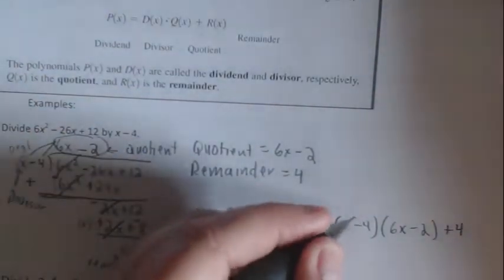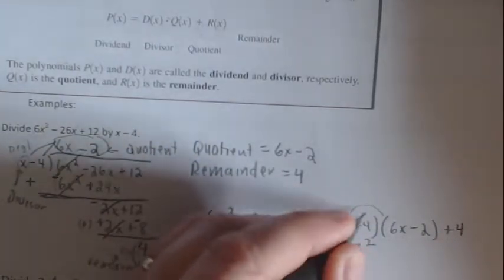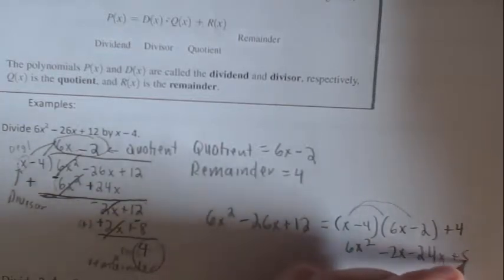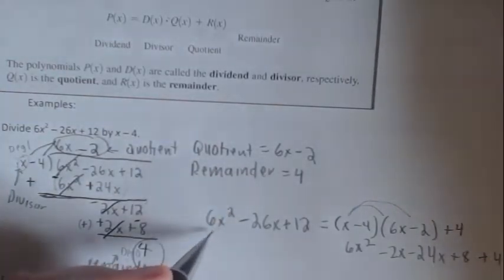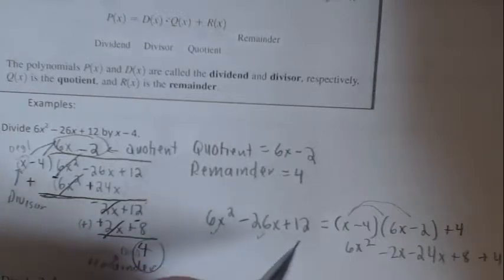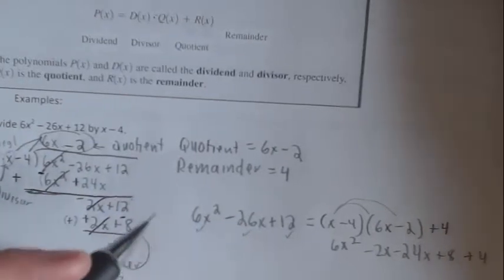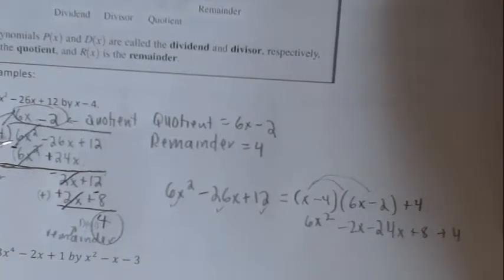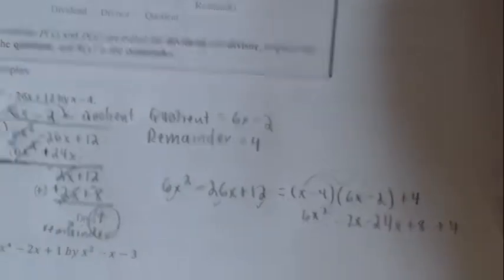And so if you were to multiply this out and check it out, you'd get 6x squared minus 2x minus 24x plus 8 plus 4, and that checks out to be 6x squared minus 26x plus 12. So you may be asked to write it that way, and then one other way that you could write it is that you could rewrite it this way, which is way down here.